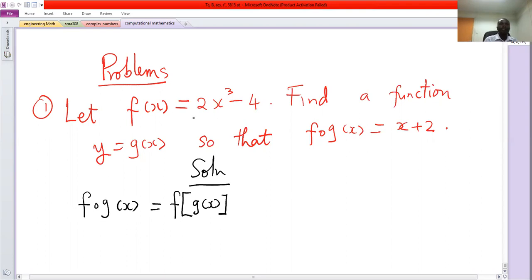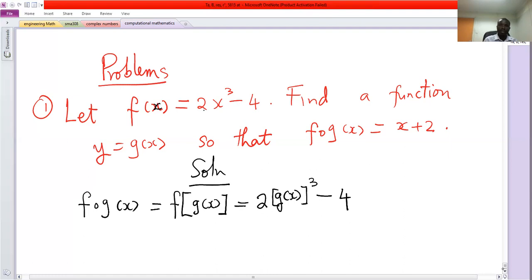And with the definition of the f function, whenever it is given an x, it multiplies the cube of that x by 2 and then subtracts 4. So it's the same thing as saying 2 times g of x, that's the input, raised to power 3, and then subtract 4.